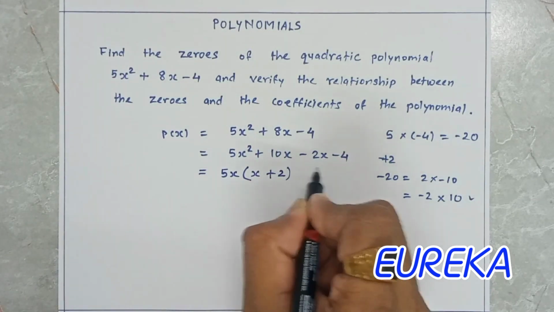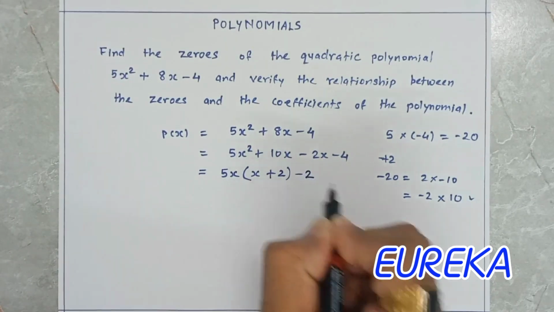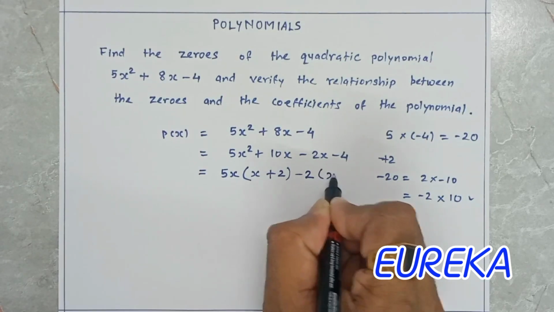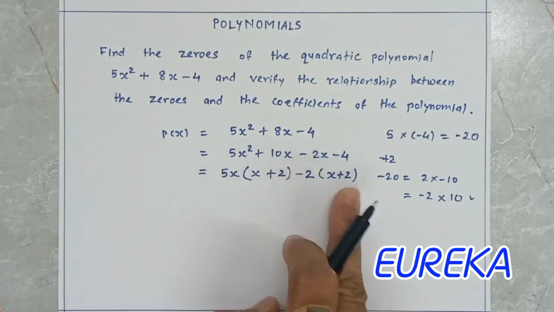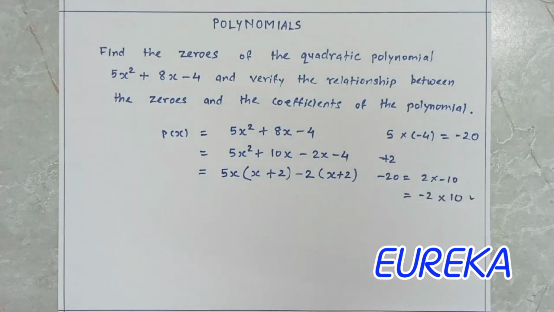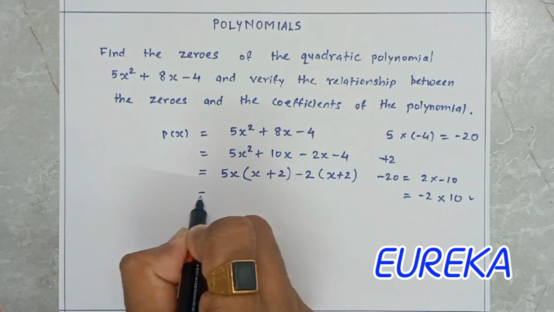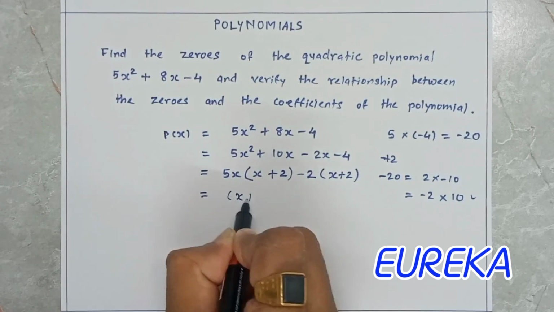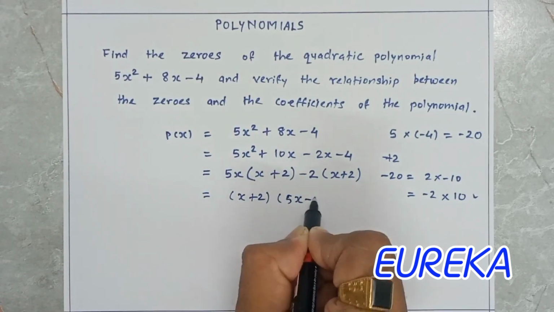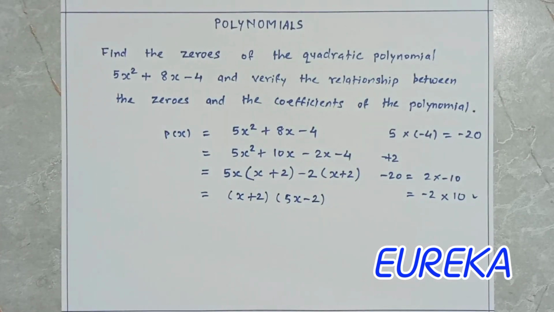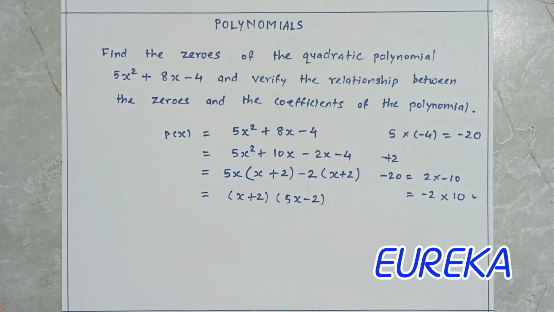Then in the last two terms we can see minus 2 is common, so again we will be left with x plus 2. How do we check whether this is going correctly? If these two brackets are the same, then we can check ourselves that yes, our factorization is going correctly. Then further we will take out x plus 2 common and we will be left with 5x minus 2. Is it very clear? So these are the two factors of the given polynomial 5x square plus 8x minus 4.